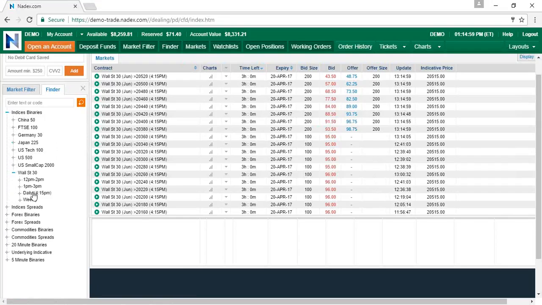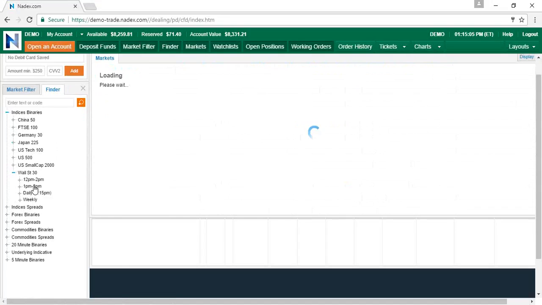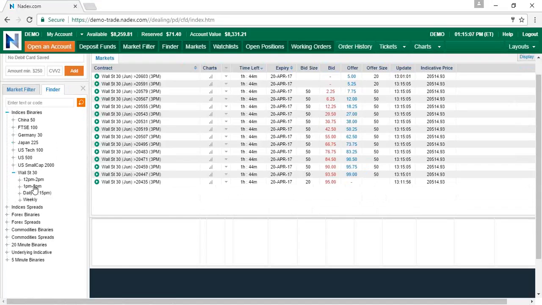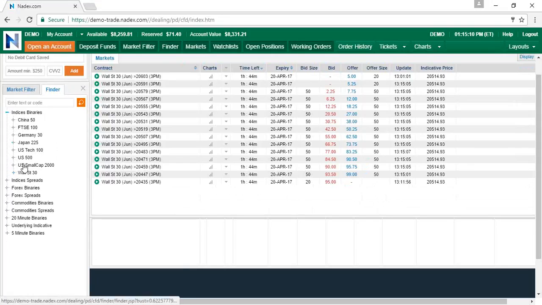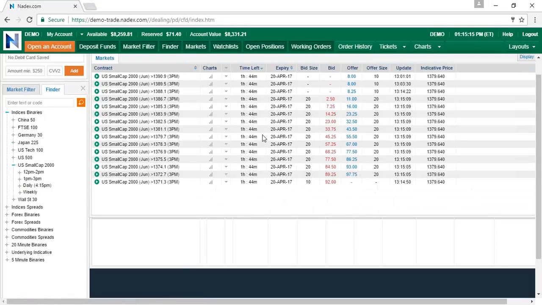Let me just check one other thing here. I want to keep this as simple as I can for you. Well, we might just have to do that one. Okay, so what is the difference here between this strike and this strike? Right now during lunchtime, we've got 1379.7. Right here, we've got 1381.1.